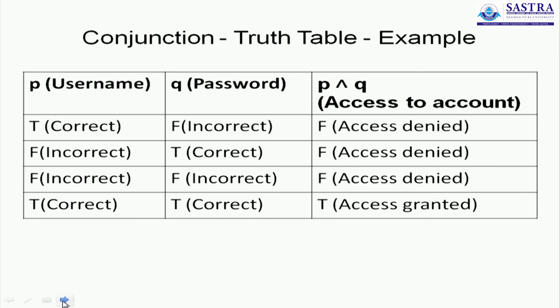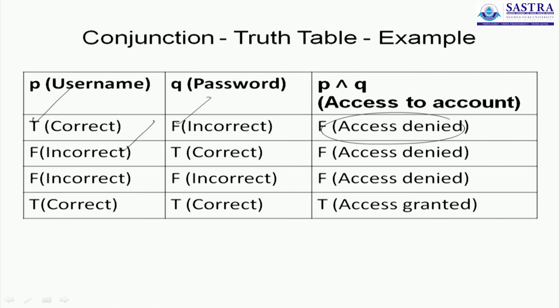Or you can relate to this idea of a conjunction using the same example. If both username and password have been entered correctly, access is granted to your email account. Now what happens if you enter one of them incorrectly? You will never gain access. So that's what it says. The username is entered correctly and the password is entered incorrectly, then you won't get access to your account.